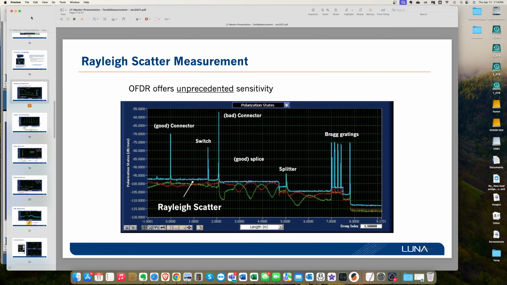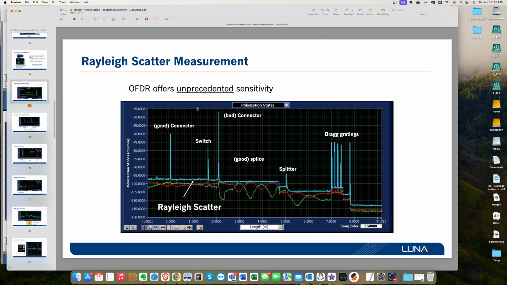I'm going to pull up a presentation that we did a while ago. There are two numbers we have to worry about: one is the dynamic range and one is the sensitivity. Here's a typical picture of a shot of some fiber with some connectors. There's an optical switch. There's a bad connector.